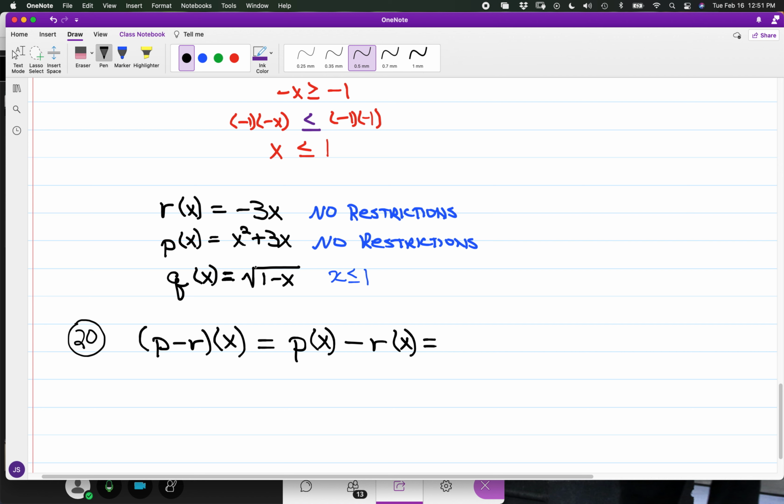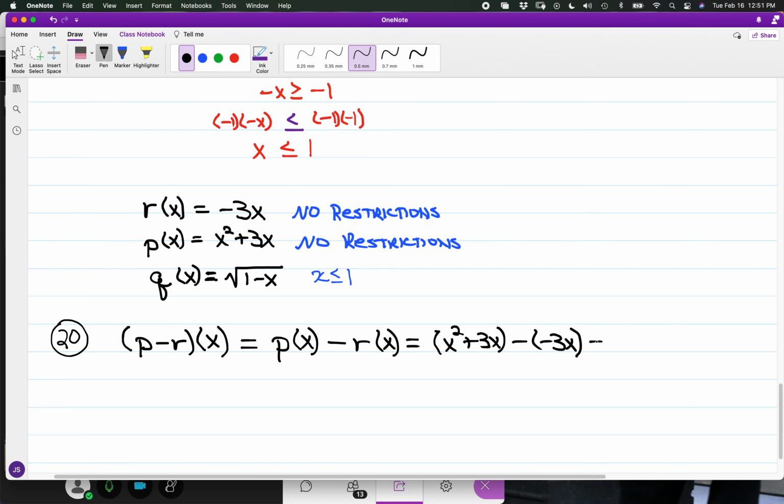So p of x is x squared plus 3x, and we have minus r of x, so we subtract negative 3x. So you have x squared plus 3x plus 3x.